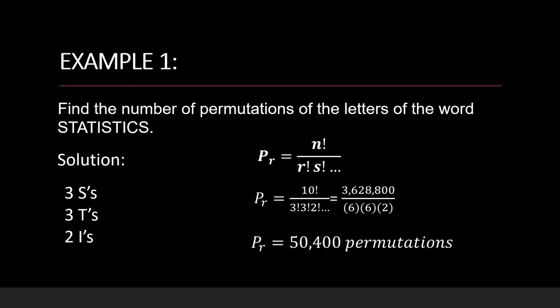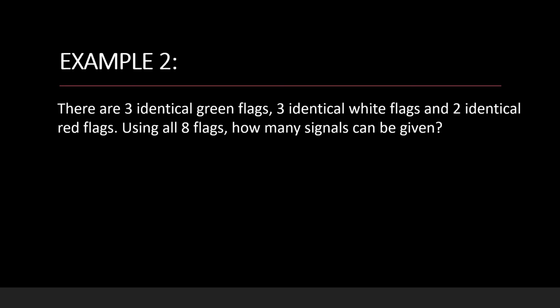So the result is 50,400 permutations. For example number 2, there are 3 identical green flags, 3 identical white flags, and 2 identical red flags. Using all 8 flags, how many signals can be given?